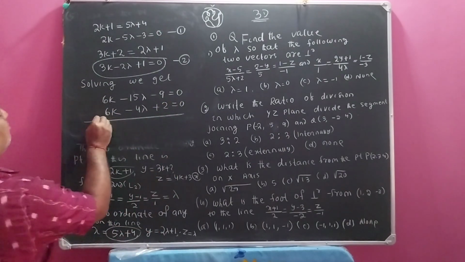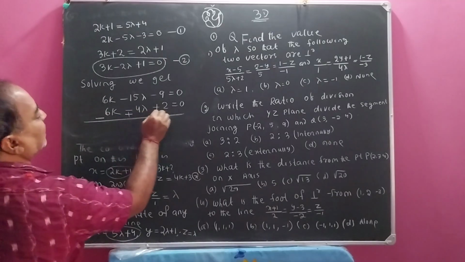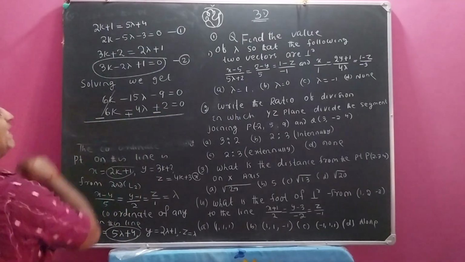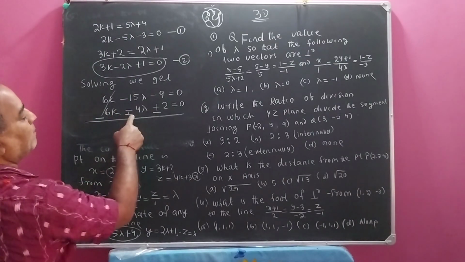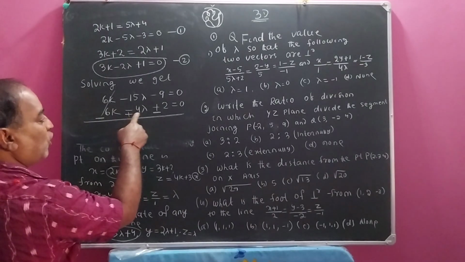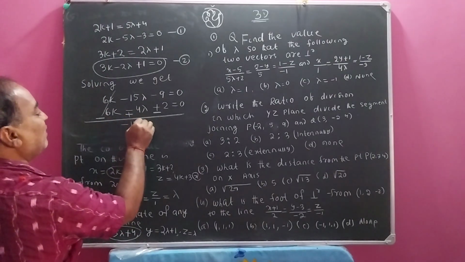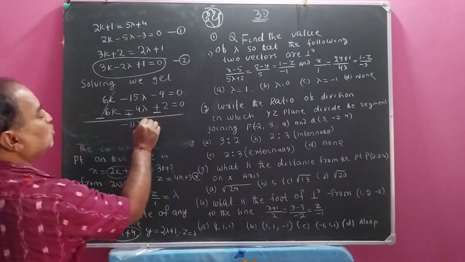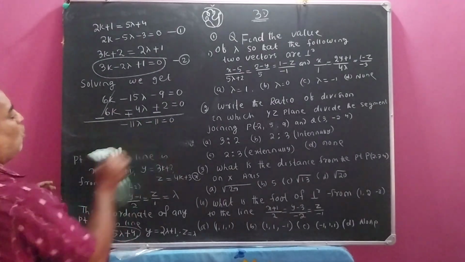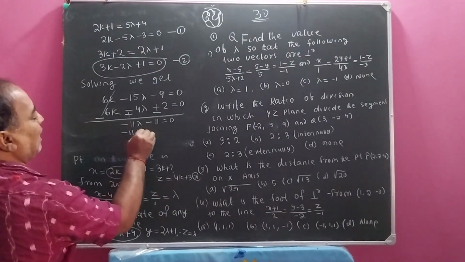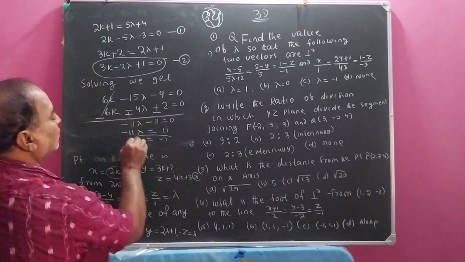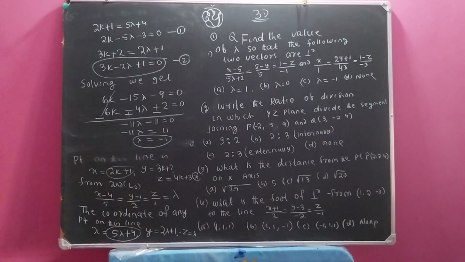By the elimination method, subtracting, 6k minus 6k cancels, minus 15 lambda plus 4 lambda is minus 11 lambda, minus 9 minus 2 is minus 11 is equal to 0. So minus 11 lambda is equal to 11, so lambda comes out minus 1.